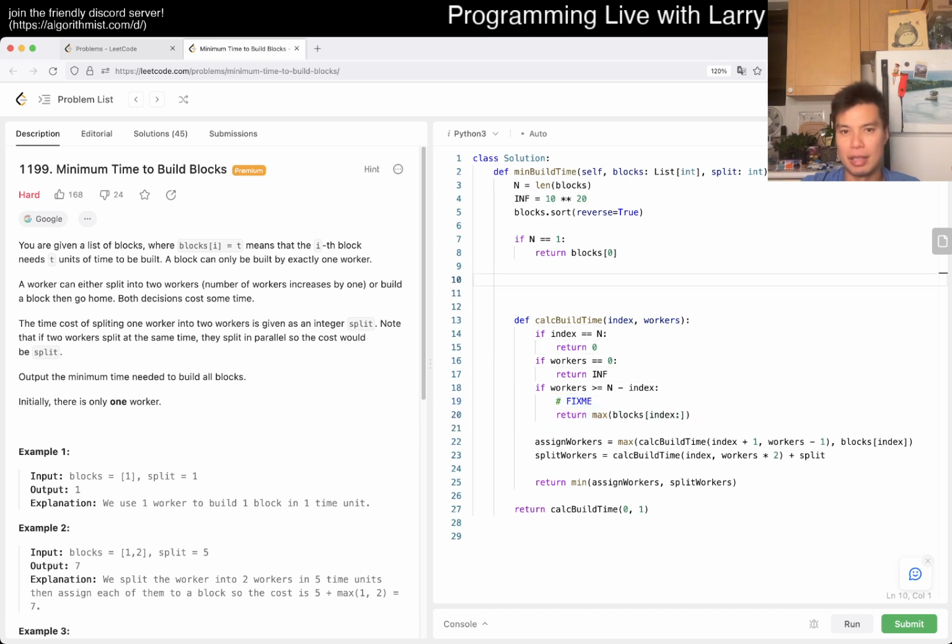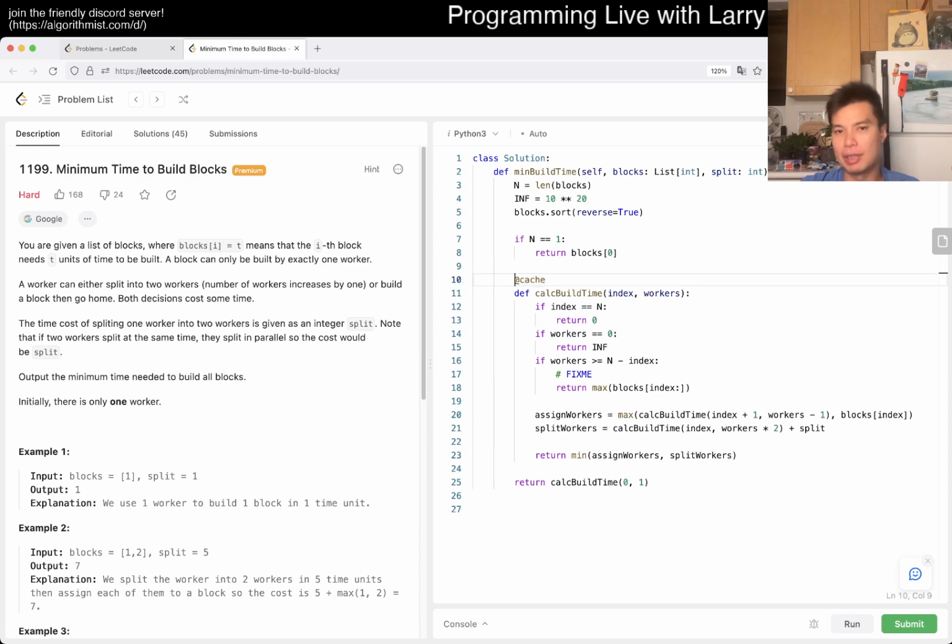The reason why this is one of those problems where caching is a little bit tricky is because workers times 2 can actually have a range of solutions. Let's say workers is 5, then workers times 2 could be 10, and if workers is 6, it could be 12, and then you have 10, 12, 14, 16, or whatever.